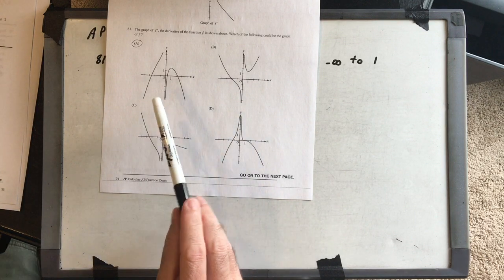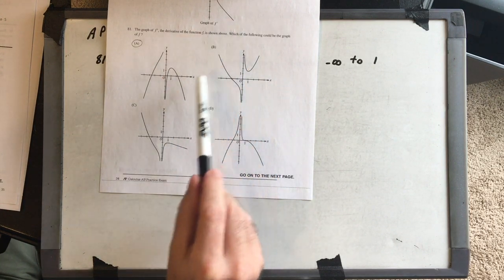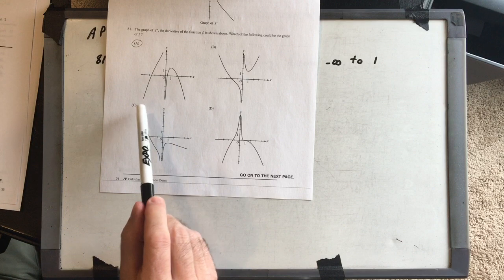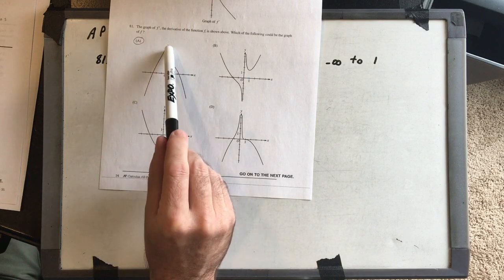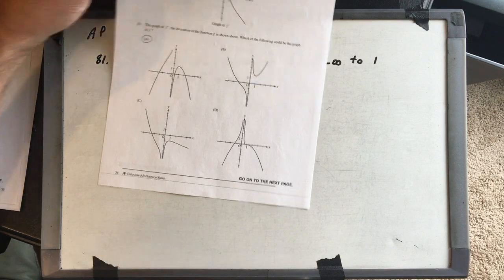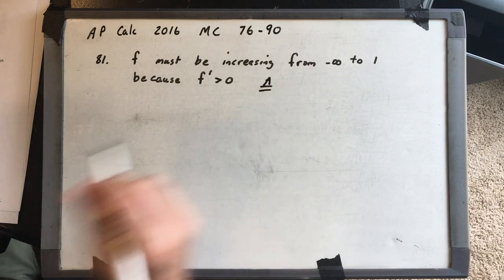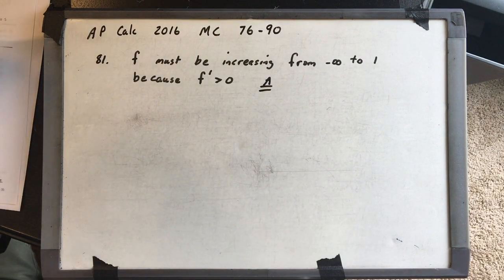So we need a mother graph, up a level from f prime to f, that is increasing from the left side all the way to 1, and that is only graph A. So study that one. That's an important one to understand.